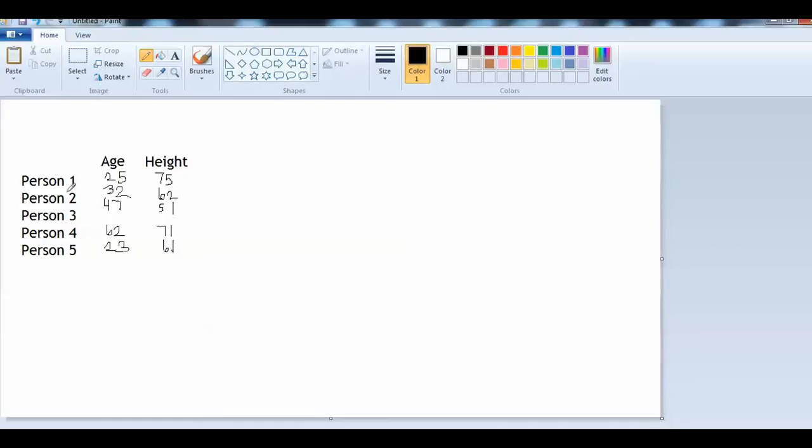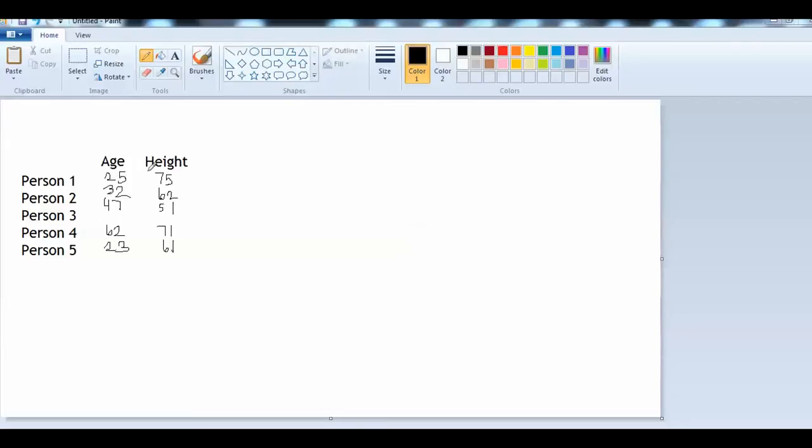So now we've recorded data from 5 people, meaning 5 participants, because we call them participants and not just observational units because they're people. And we've recorded 10 data values total.